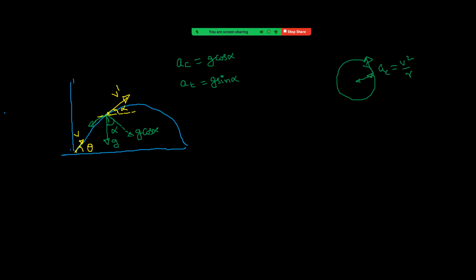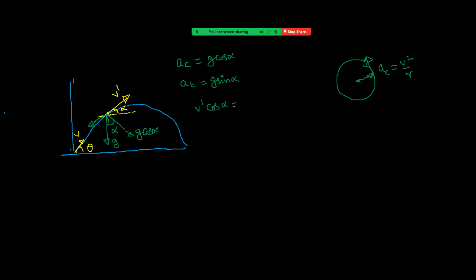We have learned that in case of oblique projectile, horizontal component of velocity does not change because along horizontal there is no acceleration. If we are using that point, we can write v dash cos alpha.